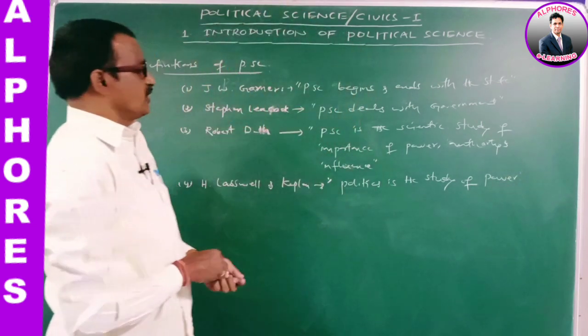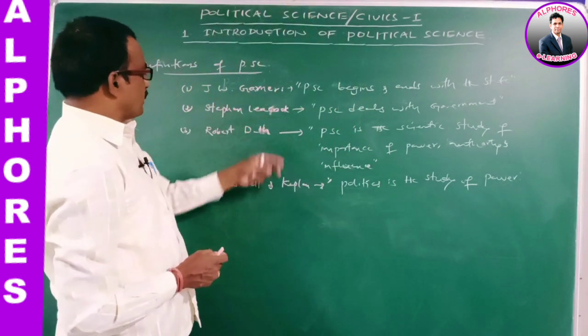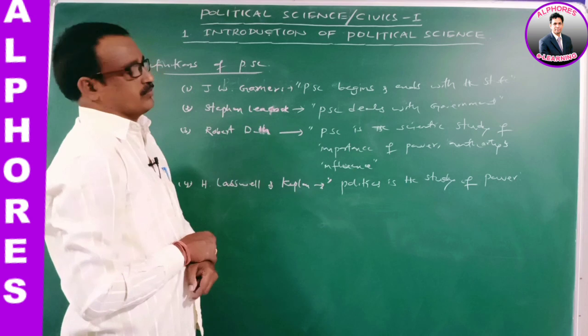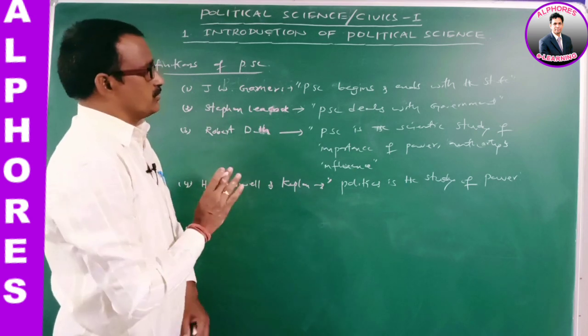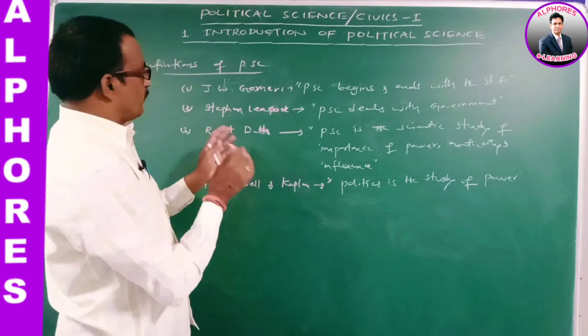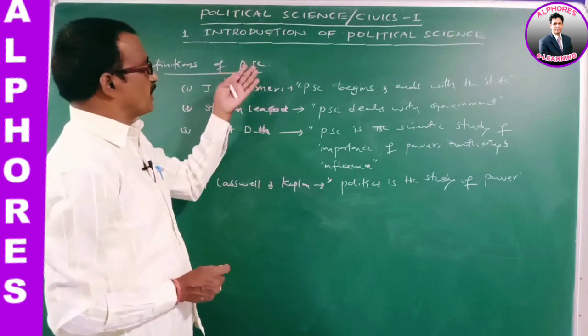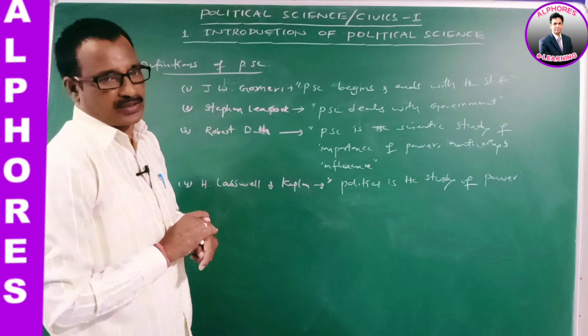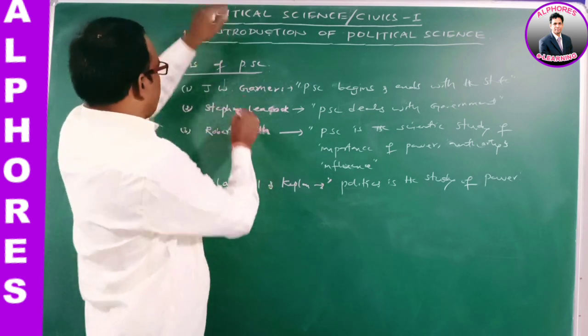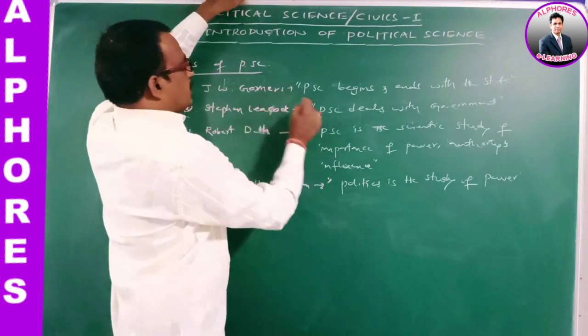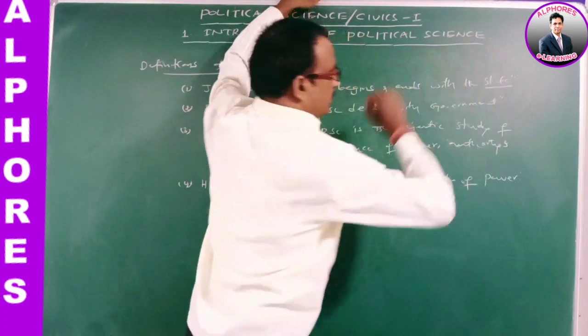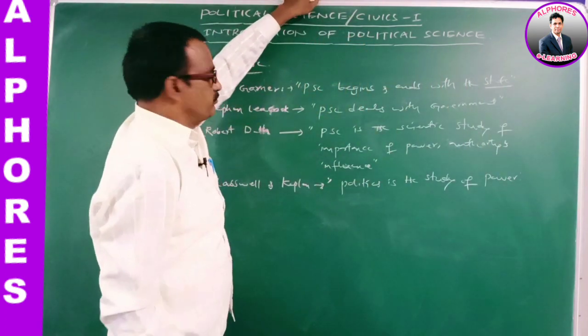Here, dear students, you can understand all these definitions based on some aspects. Different political philosophers have given definitions to the political science based on different factors. What are the factors? Here, Garner defined the political science based on state. It is the base.